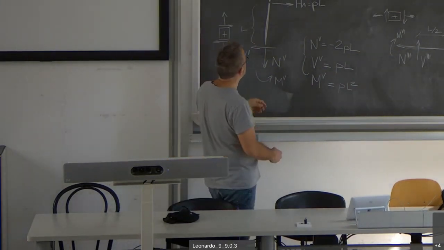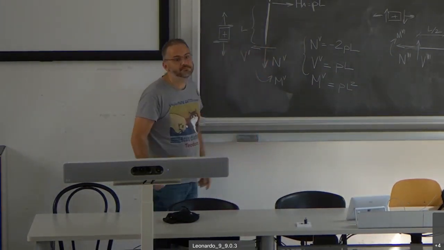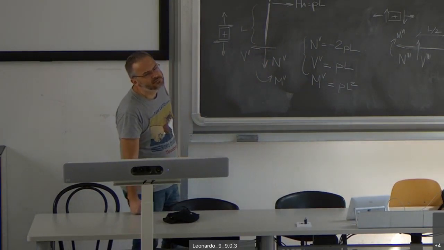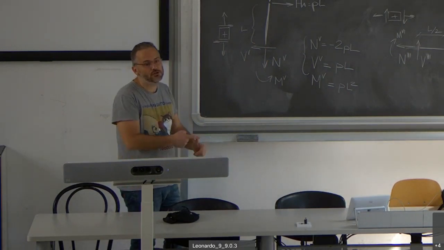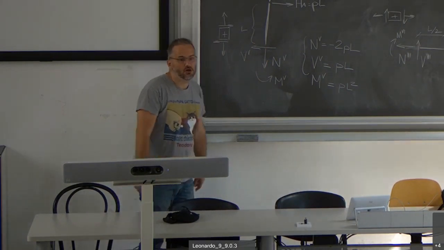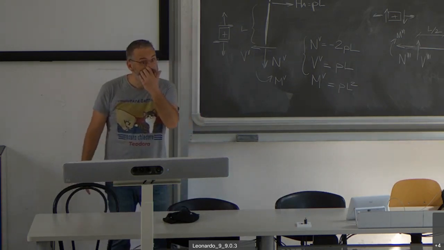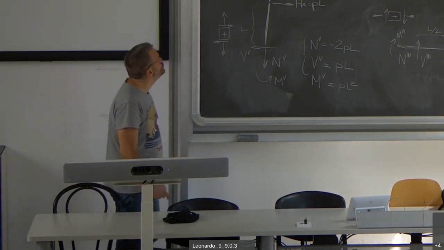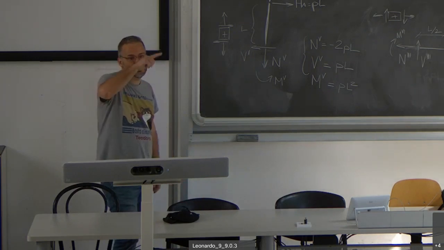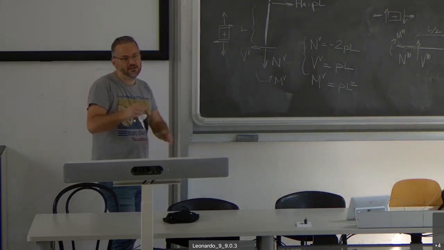So the concept of symmetry doesn't work with this structure. Not at all, because of loads, because of restraints. Only the geometry of the member is symmetric. Everything else is not symmetric.